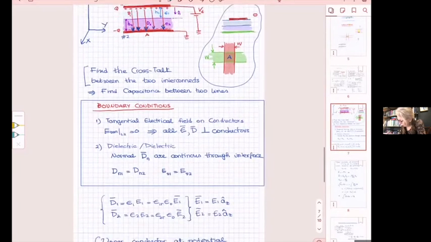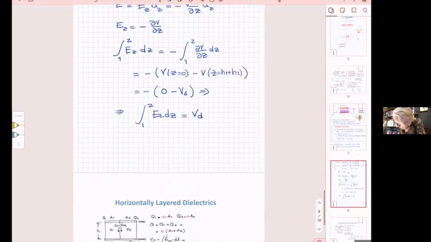All right, so what we have here is that from 1 to 2 becomes the following.